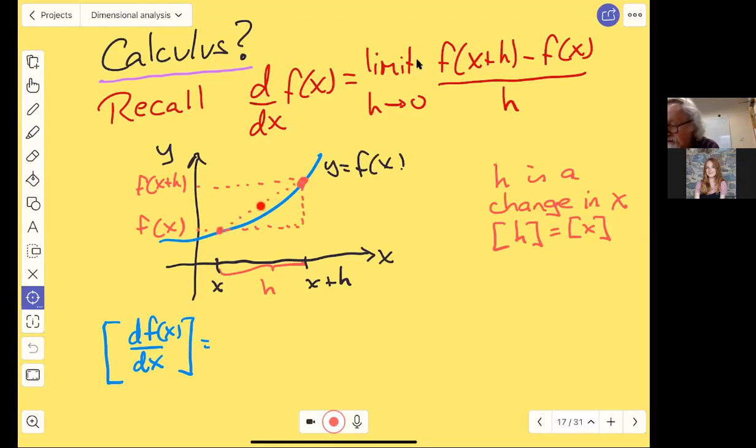And I can get the slope of that line by saying, well, I'll look at the difference here, that function minus that function, that's the numerator here, divided by this distance here, which is x plus h minus x, and that's just h because the x's cancel. So that ratio is the slope of that dotted line.